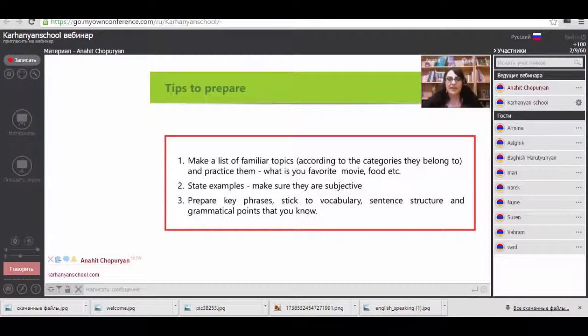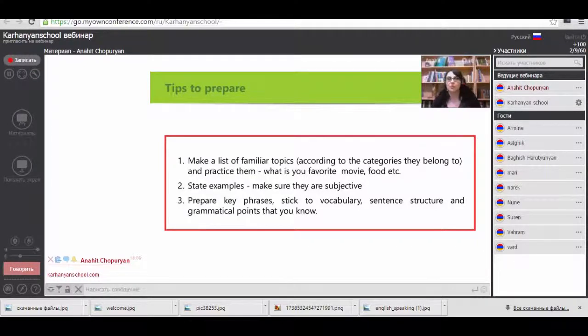Of course, these tips, if you follow them, can help you a lot while preparing. And these are the ones that you must, and why not, you have to, yes, you have to follow. Make a list of familiar topics according to the categories as I have told you, and practice them.